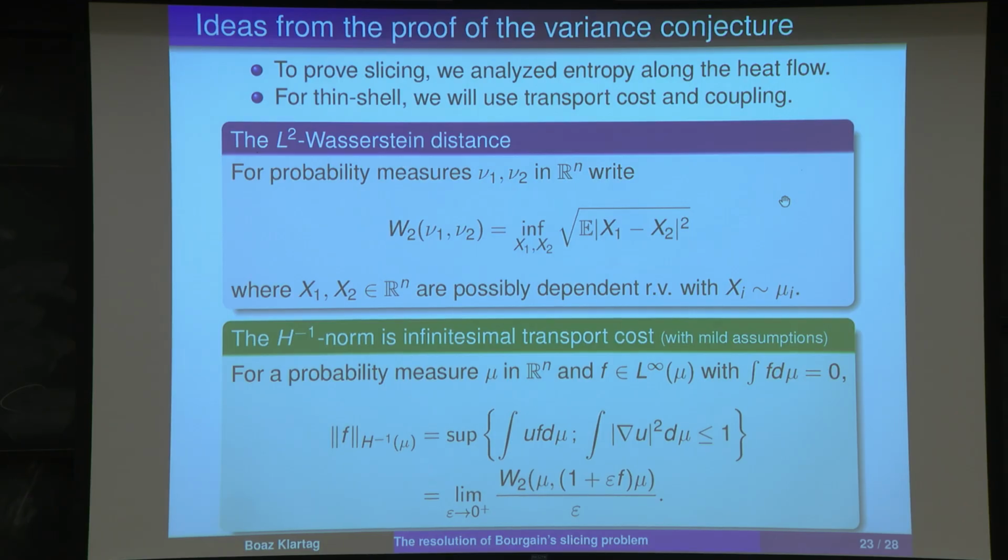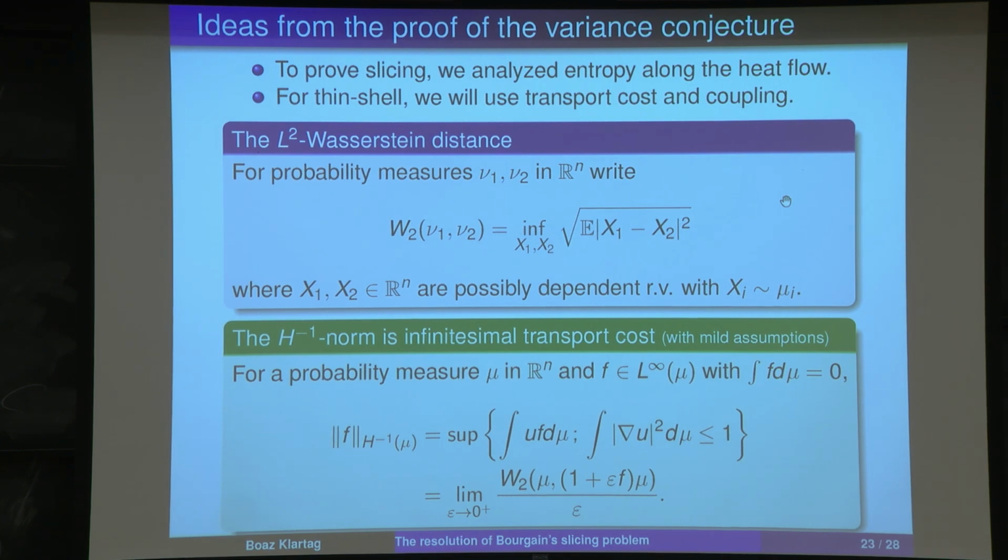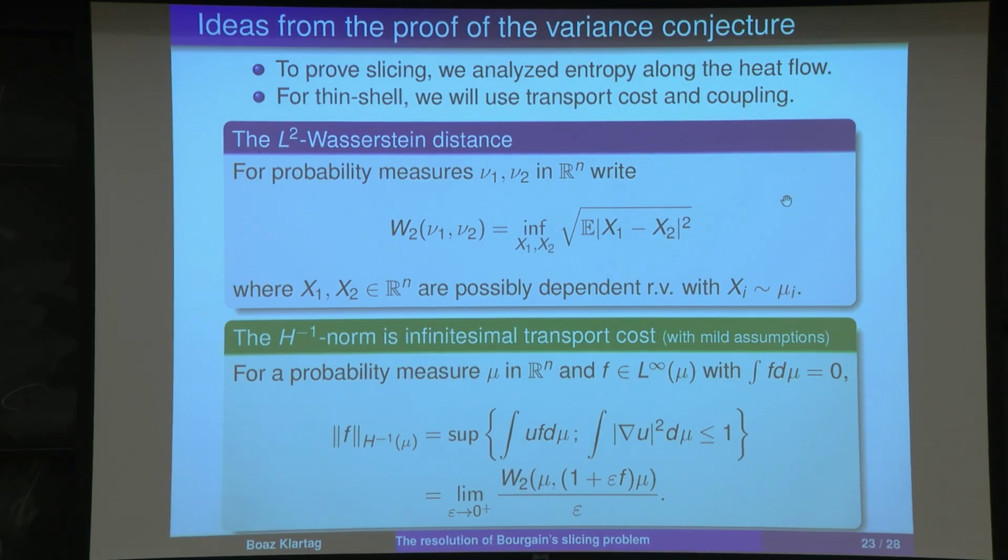Now, this is the L2 Wasserstein distance, and I'm interested in the infinitesimal version of this L2 Wasserstein distance. So I want to compute W2 of a measure and its small perturbation. So I take the measure mu, I take some bounded function f with integral 0. So (1 plus epsilon f) times mu is again a probability measure. So I can look at the Wasserstein distance of mu and (1 plus epsilon f) mu and take the limit when epsilon goes to 0 of this quotient by epsilon.